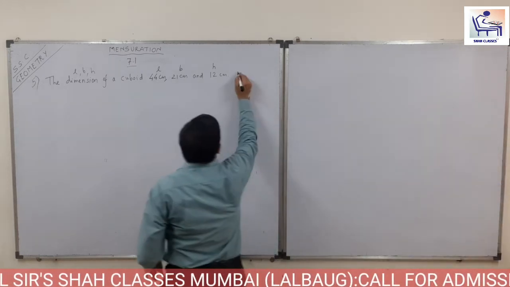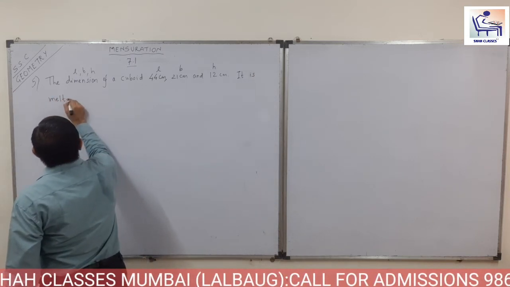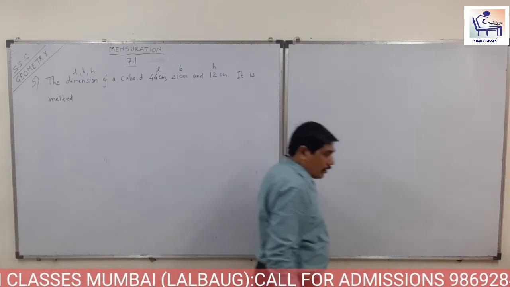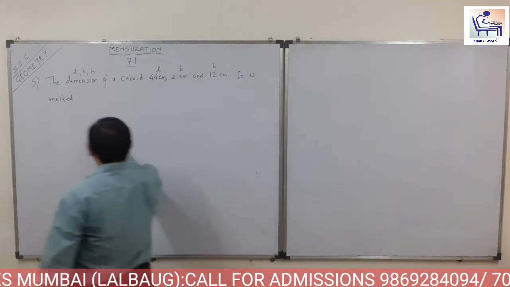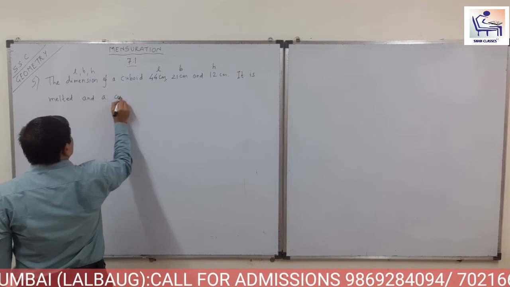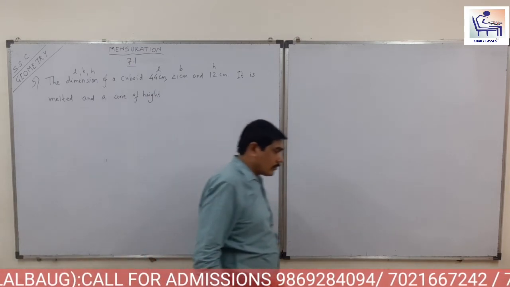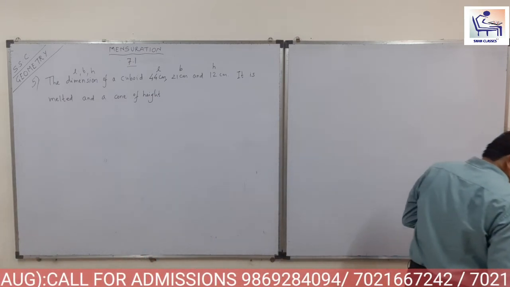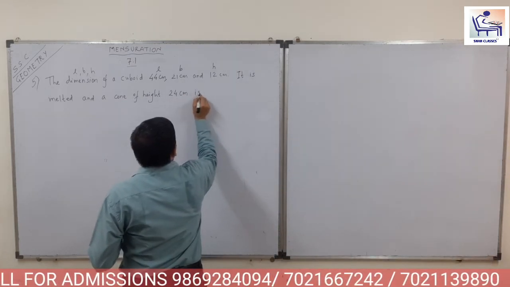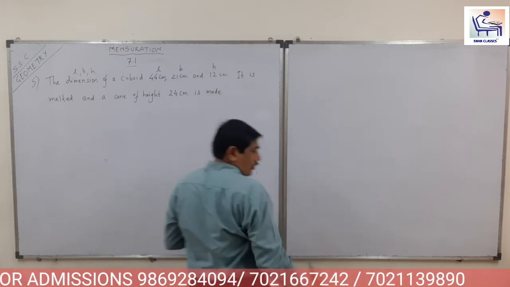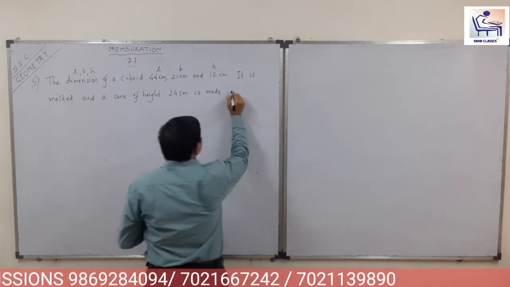Melted means we have melted it down. It is melted and a cone of height 24 centimeter is made. Find the radius of its base.